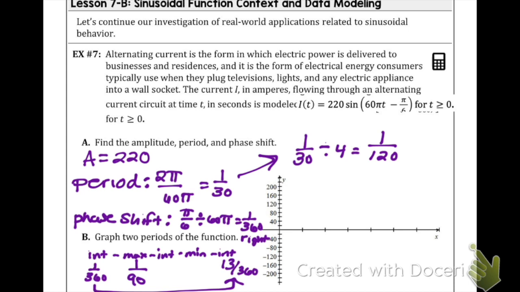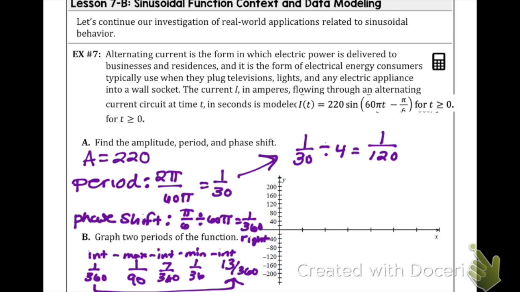Adding another 1/120, again using my calculator, is 7/360ths. Adding another 1/120 gets me 1 over 36. And then adding another 1/120 should get me back to that 13/360.